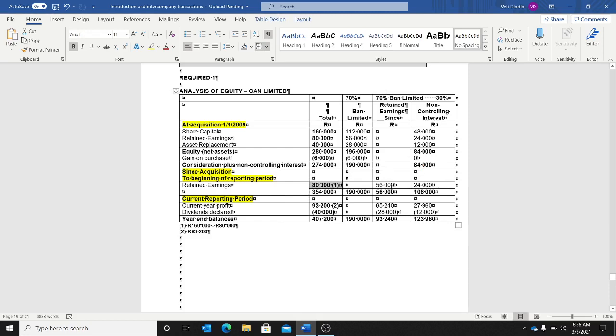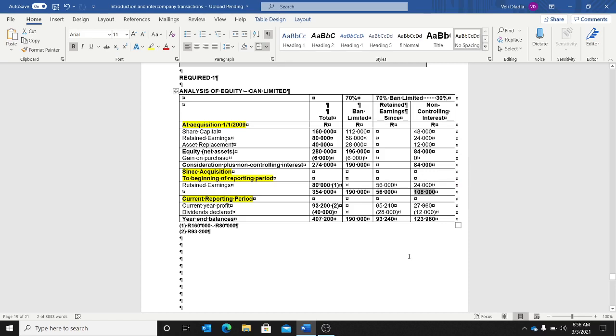So Ben is entitled to 56, meaning 70% of the 80. And then non-controlling will take 24,000. So then in total, by end of that period, it's 354. Here it's 90. The post-acquisition retained earnings that Ben has earned is 56,000. Your non-controlling by that time is sitting at 108,000 before the current year.